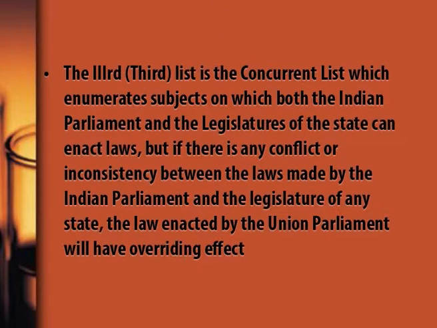The third list is the Concurrent list, which enumerates subjects on which both the Indian Parliament and the legislatures of the states can enact laws. But if there is any conflict or inconsistency between the laws made by the Indian Parliament and those of the legislature of any state, the law enacted by the Union Parliament will have overriding effect.